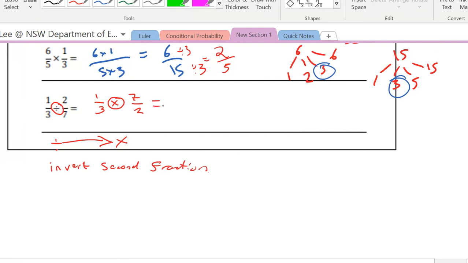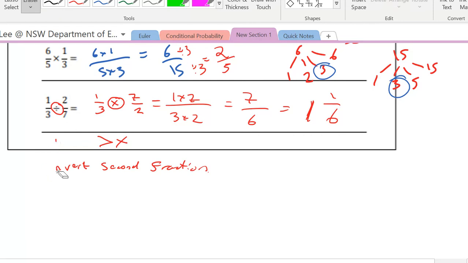And this is what we've done here. And then we just turn it into a multiplication. 1 times 7 and 3 times 2. 1 times 7 is 7. 2 3s is 6. Now that goes in once, and there is 1 left over.